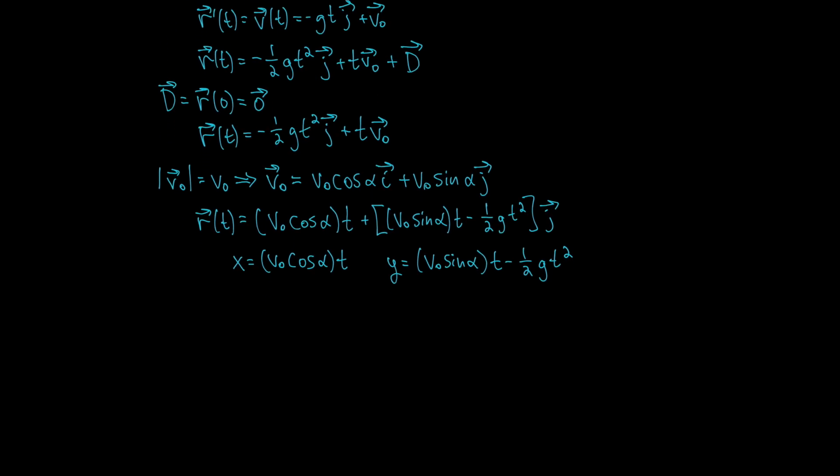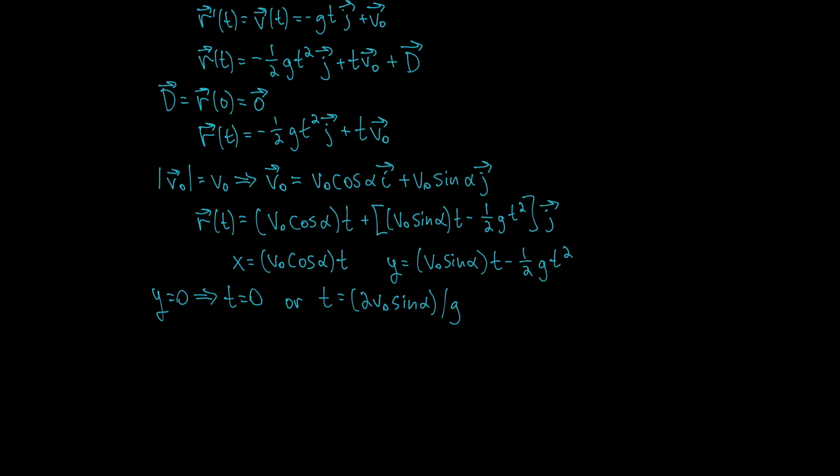So if we plug in y equals 0 to our position function, let me go up a little bit, then we get either t equals 0, right? If we plug in y equals 0 for this guy, either t is 0 or t is equal to 2 times v naught times the sine of alpha divided by g.